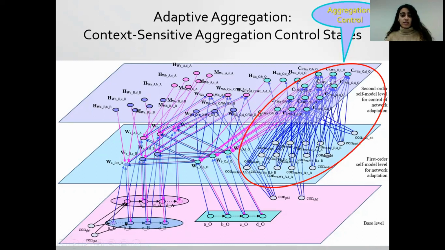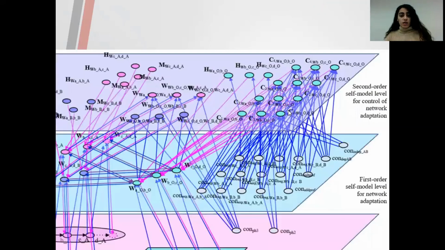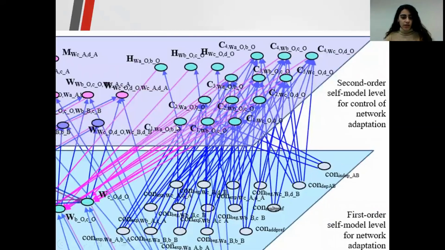These C states are for the control of combination function selections, and these context states are for control of the context. As you can see here, we have 4 different types of C states, C1, C2, C3, and C4.